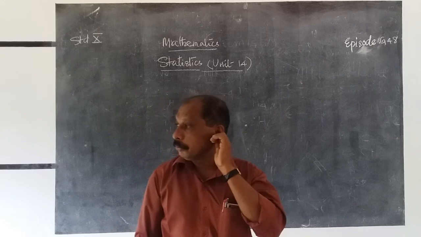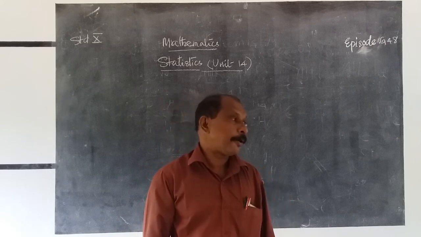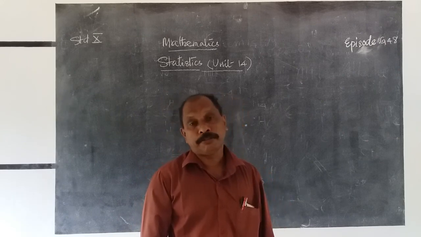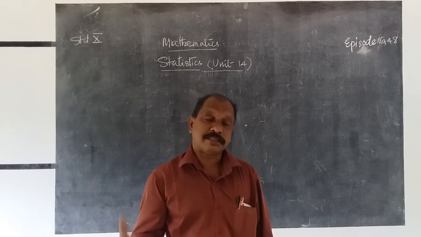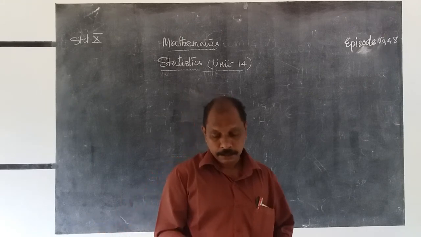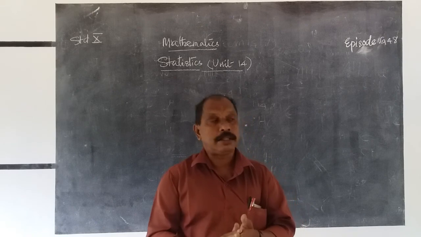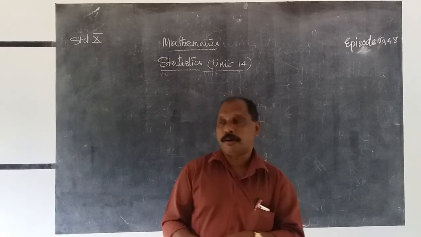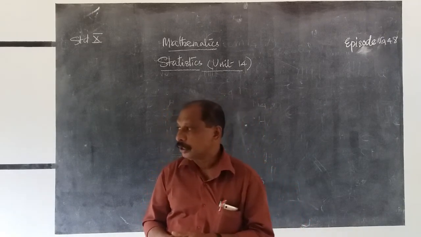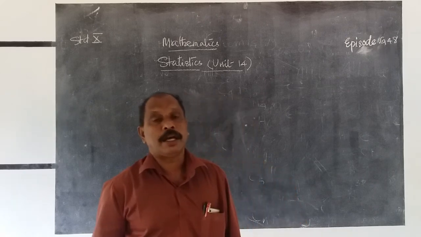Therefore, to find the mean of a group of data, we take the sum of all data and divide it by the total number of data. That is a representative of all the numerical values.